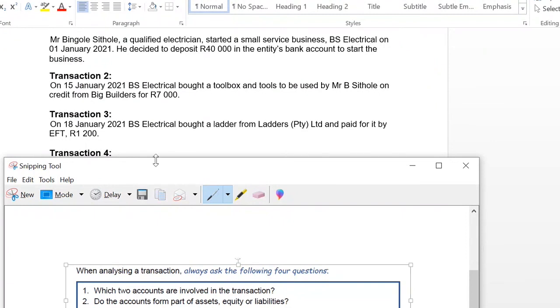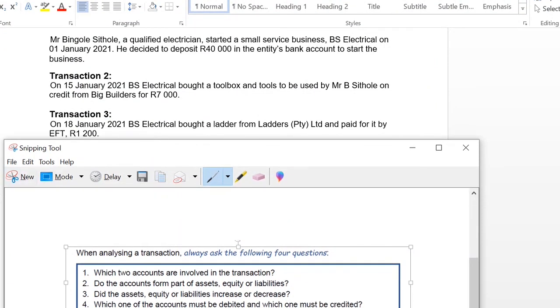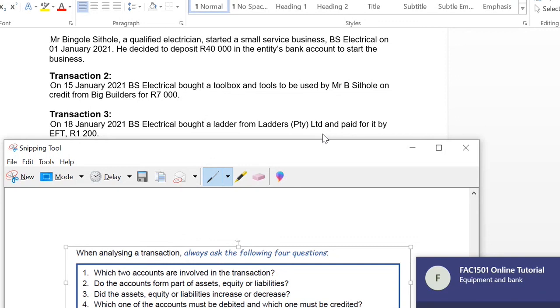Transaction 3 is on the 18th of January, BS Electrical bought a ladder from Ladders Pty Ltd and paid for it by EFT, 1,200. Which two accounts are involved? Fifi says equipment and bank.